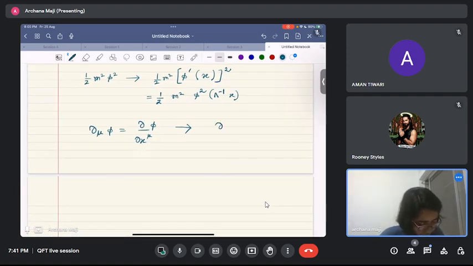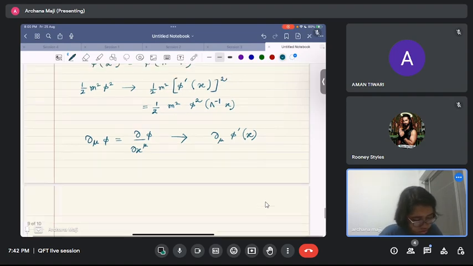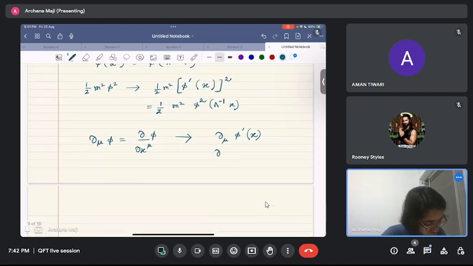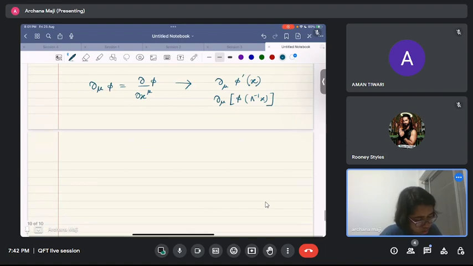After the Lorentz transformation, this will become del mu phi prime of x, which is nothing but del mu phi of lambda inverse x. Now let y be lambda inverse x.